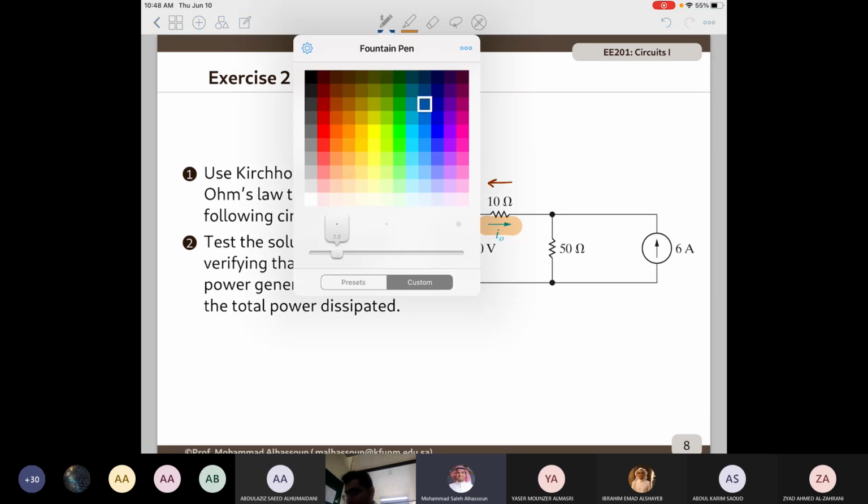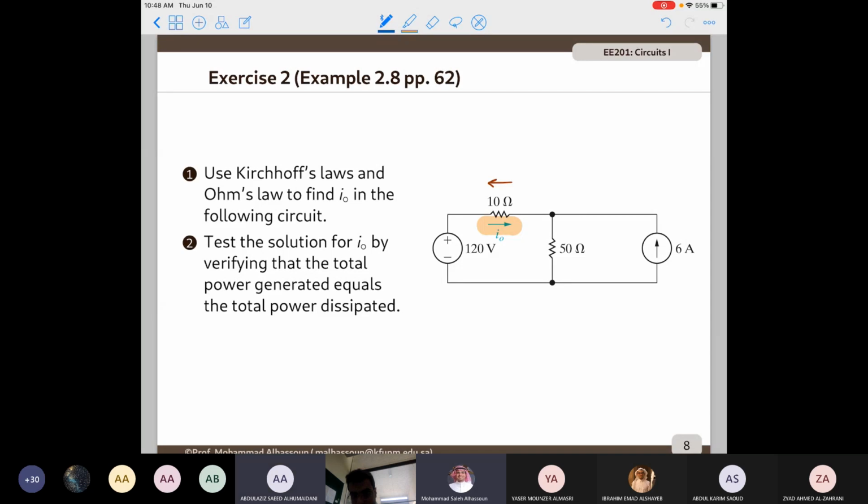Any question before we proceed? Yes, doctor. How did you choose the positive side for V1 and V2? I set them to align with the current, such that Ohm's law will give me a positive. If you recall from Ohm's law, if the direction of the current is this way, then V will be IR, and if the current is this way, then V will be minus IR.